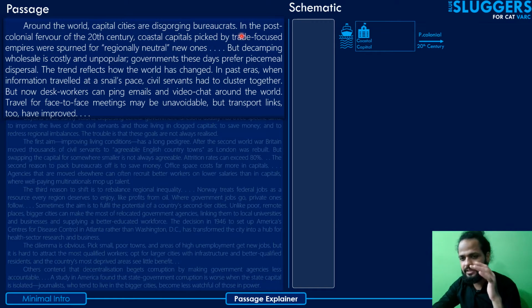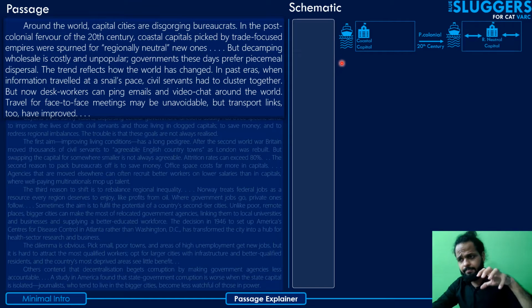And he simply notes this trend, and then he says that in the post-colonial fervor of the 20th century, coastal capitals picked by trade-focused empires. Now, these trade-focused empires would simply be the colonialists who had been ruling over these nations. Like the way the Britishers ruled over India, the Britishers were the colonialists, and we were the colony.